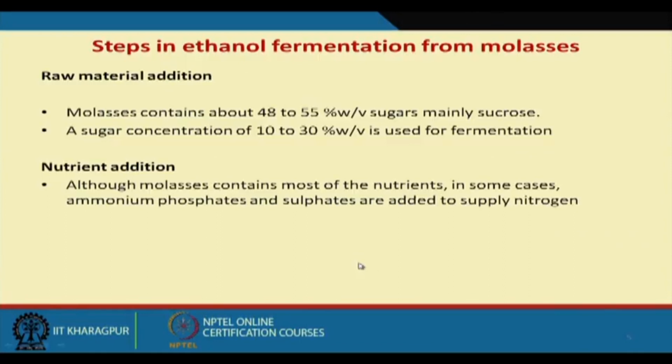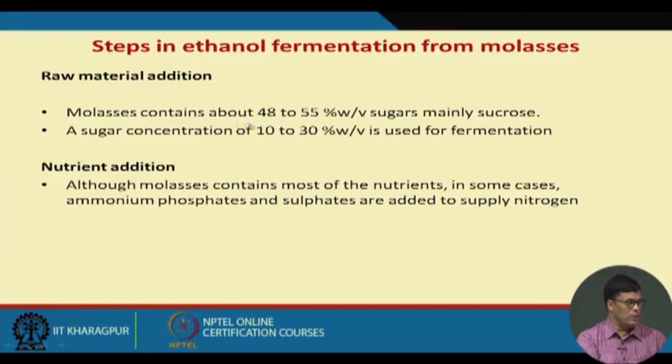Now the raw materials addition: molasses contains 45 to 55% weight by volume sugar, and the sugar concentration of the fermentation broth usually varies from 10 to 30% weight by volume.